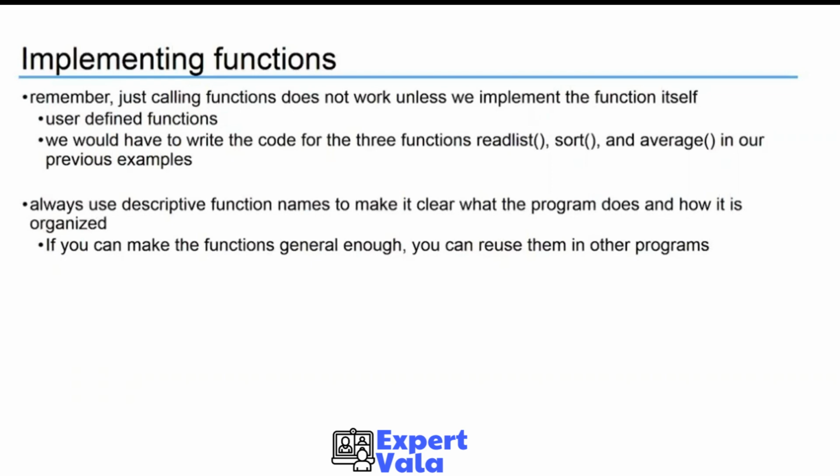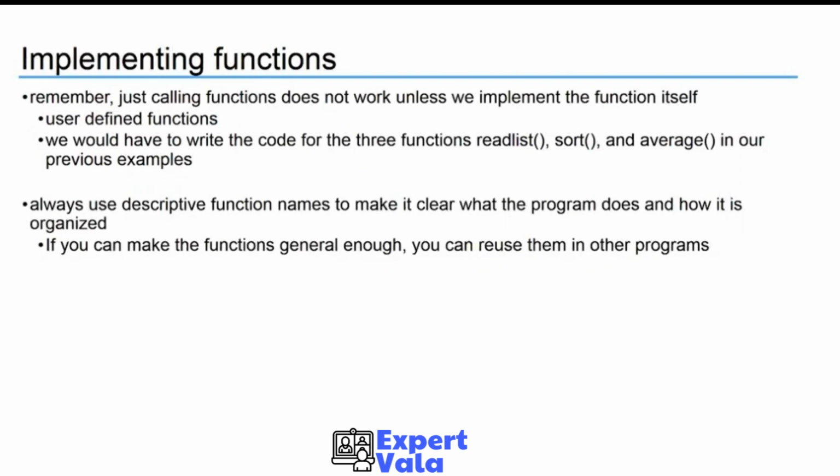In the previous example, we had a function named read list, pretty clear what that's doing. For the sort function, we don't name the function x, y, or z. We describe that function. It's the same thing as when you are creating variables: meaningful names.